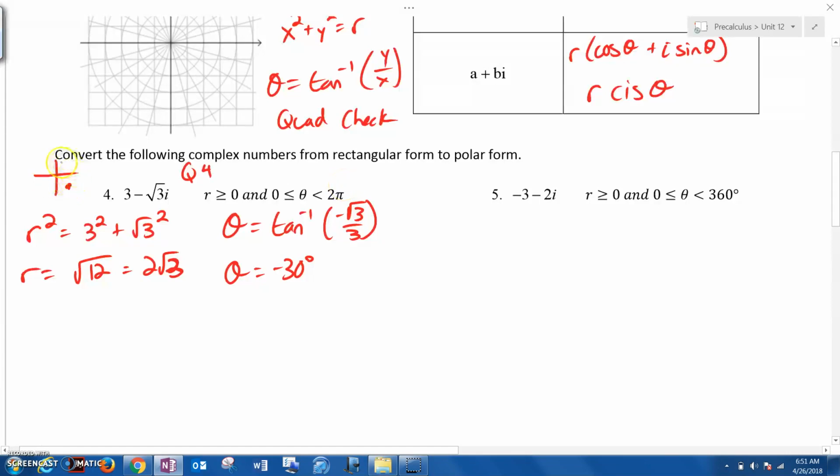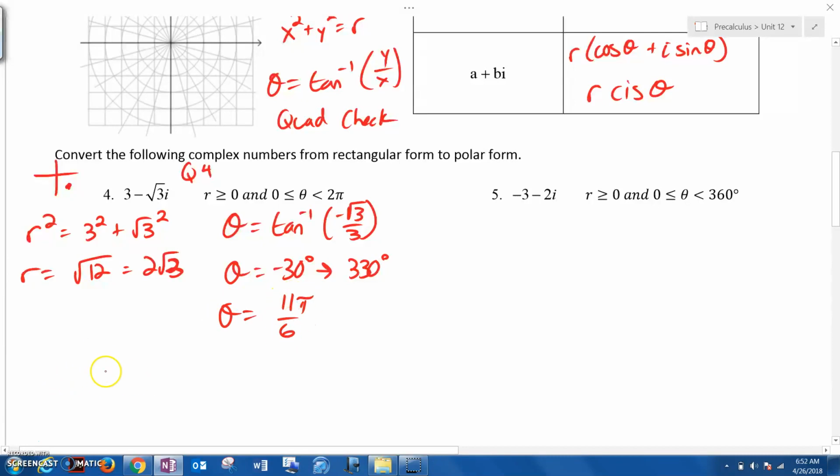So instead of negative 30, we're going to say that theta is really 330 degrees. And then the only thing you have to do is convert that to radians, which is divide that by 180 to get the fraction and tack on a pi. Or you know that a 30 degree is a pi over 6 reference, so it's 1 less than a 12/6. So you should get theta equals 11 pi over 6.